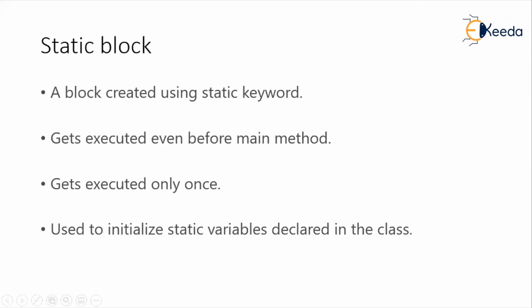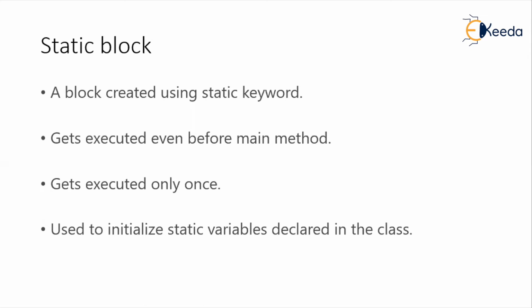So let's first see what a static block is. It is a simple block which is created using the static keyword. The specification of this static block is that it gets executed even before the main method in your application is executed, and this static block gets executed only once.